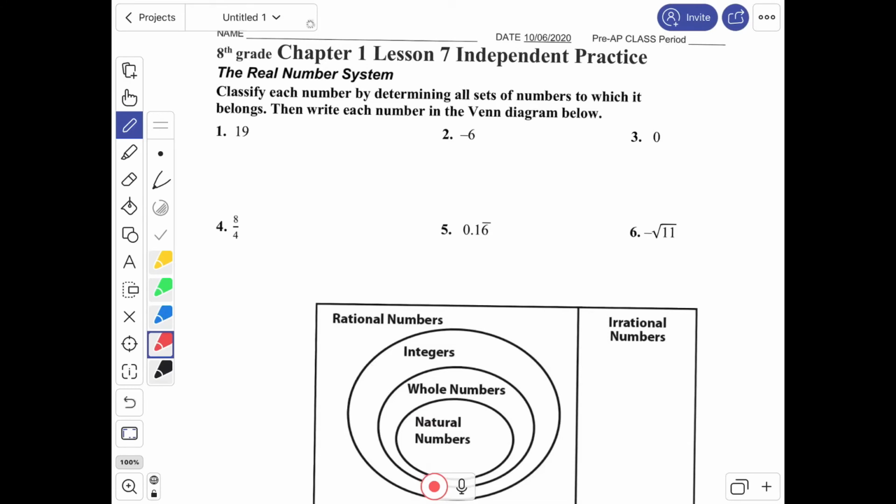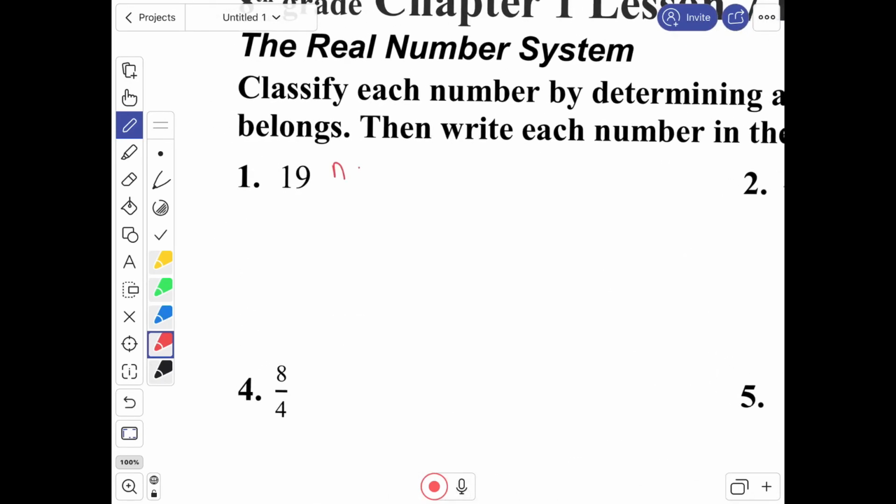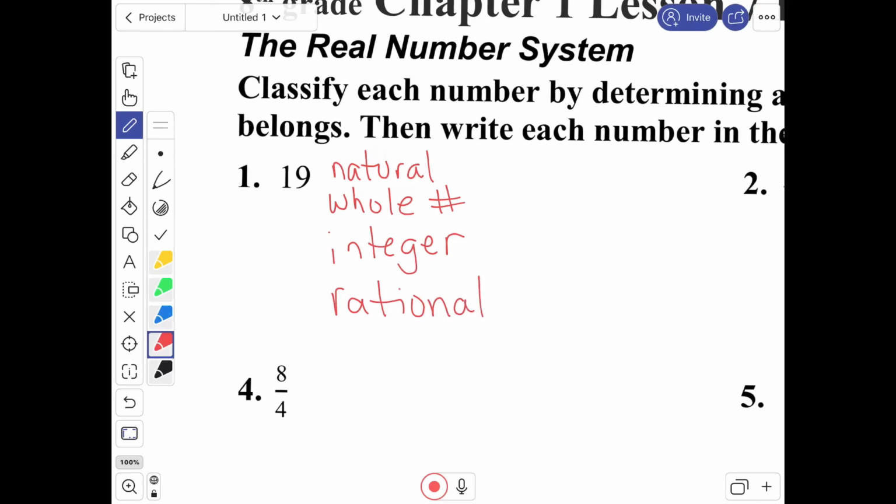For example, let's do number 1. Number 1 is 19. 19 goes in the smallest circle. So that makes it natural. And if it's a natural number, it's also a whole number. And if it's a whole number, then it is also an integer. And if it's an integer, it's also a rational.